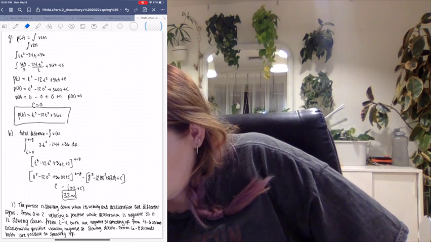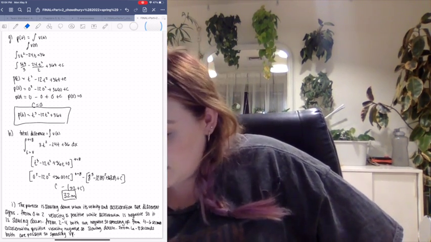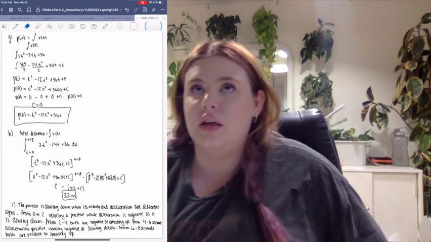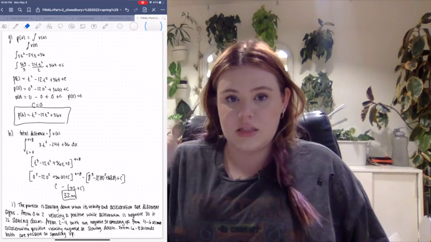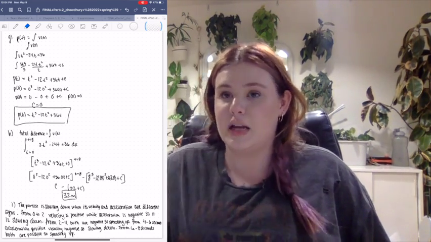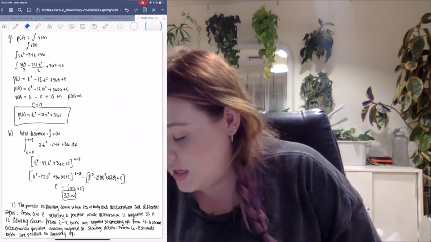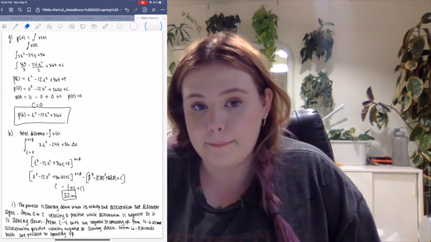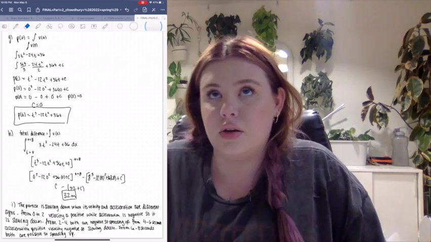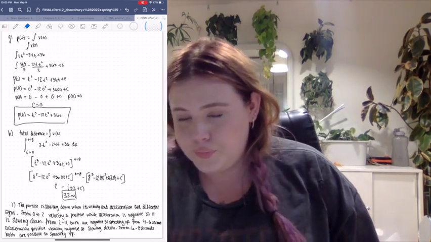And we plug in 8 for all of that, minus 0 for all of that, because again, the total distance traveled would be the position at 8 seconds minus the position at 0 seconds. And that gives you 32 meters as how much is totally traveled overall. So it goes back and forth.